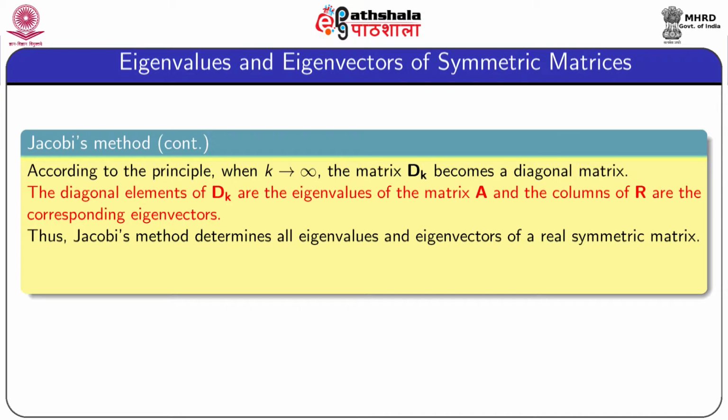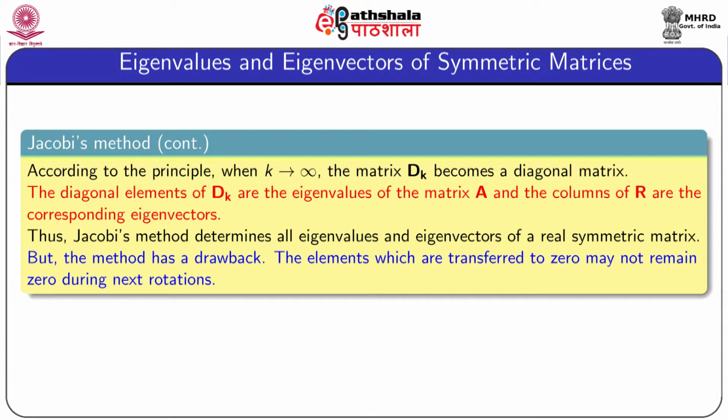Thus, Jacobi's method determines all eigenvalues and eigenvectors of a real symmetric matrix. But the method has a drawback: an element which is transferred to 0 at a particular iteration may not remain 0 during the next iteration. This is one of the major drawbacks of this method.